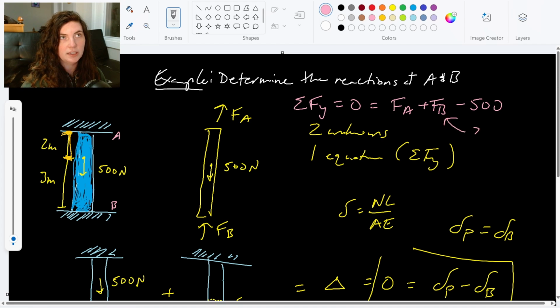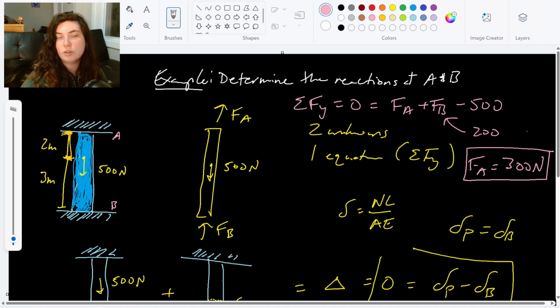And we can sub in 200 for FB. So we find that our reaction FA is 300 newtons. And note that both of those I got positive answers for, which means I assumed the correct direction for each of these, right? FB is pushing up and FA is also pushing up.